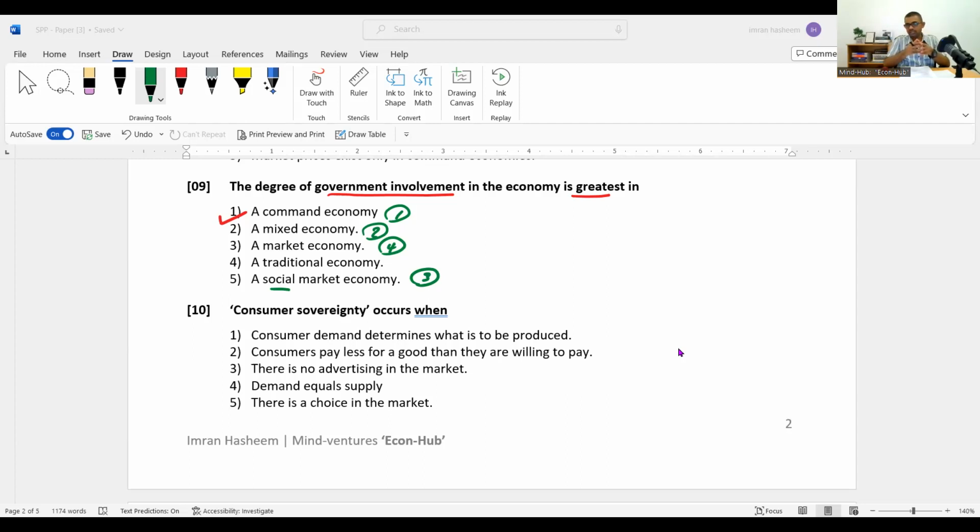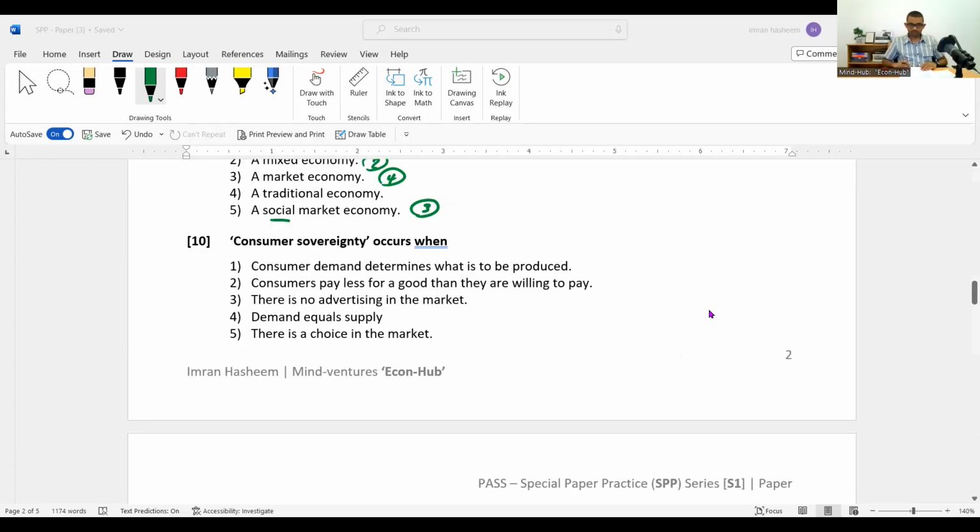Consumer sovereignty. Yes, the market is competitive, and perfect information is available. So the correct answer, based on the concept I explained, is that consumer demand determines what is to be produced. The first answer itself is spot on.